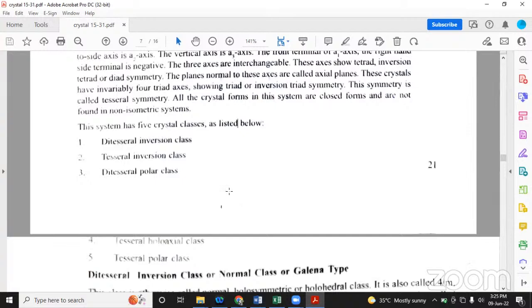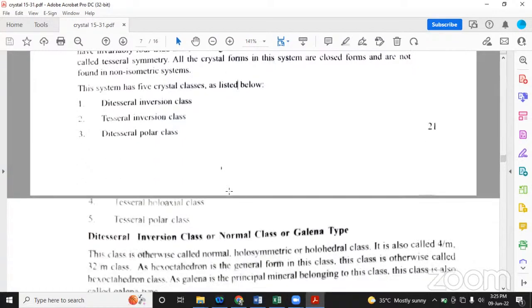What are the unique features of the isometric system? The ratio for the isometric system is 1:1:1, and the class has four axes of 3-fold symmetry.